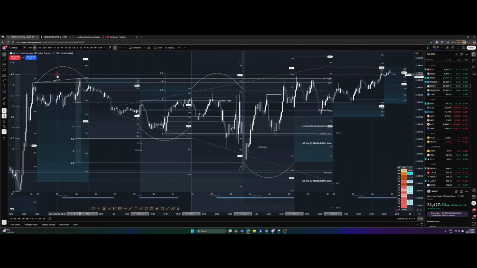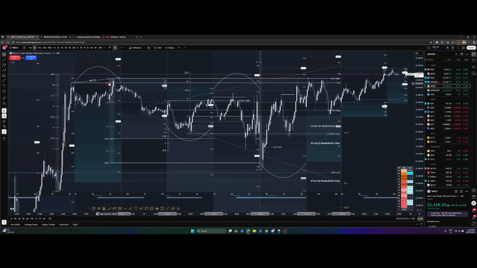Okay, so we can see here we've opened, we've gone internal range to external, and then we've switched here after our PDH sweep, and then we're going internal to external, internal to external, down into London. So trend continuation on the H4.